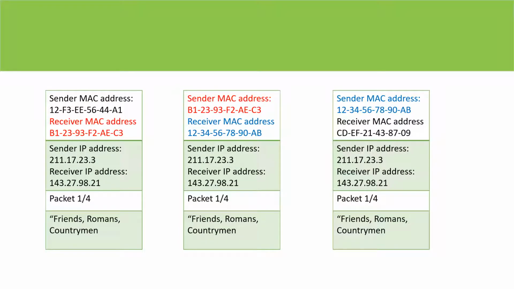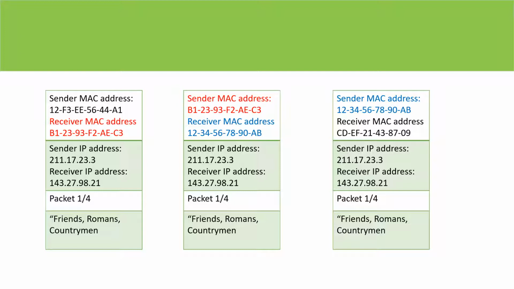So let's have a look at a single packet here. At each step, or each hop, or each router, what happens is that the MAC addresses get stripped out and then replaced. So the receiver MAC address then becomes the sender MAC address, and then a new receiver MAC address is added, and then it gets sent across the network to the next router.